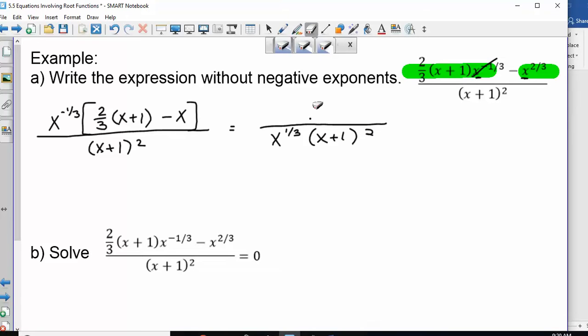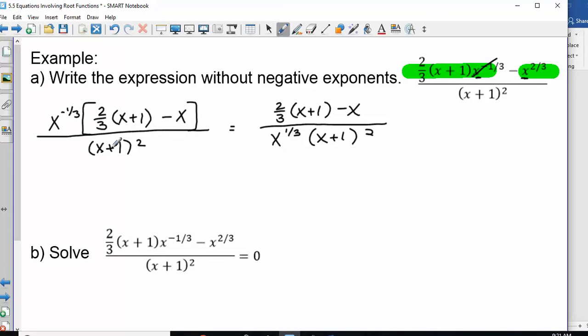Do we leave fractions within fractions? No. So we are going to have to do something to get rid of that issue. So if I don't want this 2/3, we want to essentially move the 3 to the bottom, right?